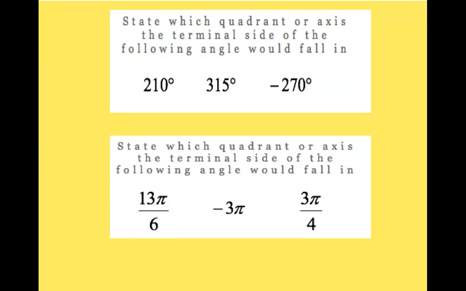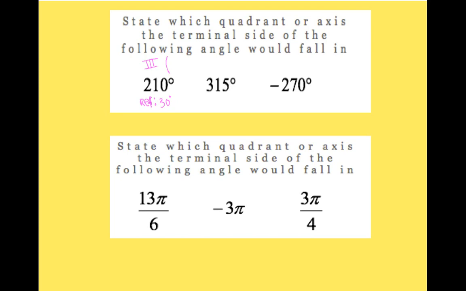So 210 is going to be in the 3rd quadrant, right? What is the reference angle? It's 30 degrees past that. So if it's in the 3rd quadrant, both coordinates will be negative.